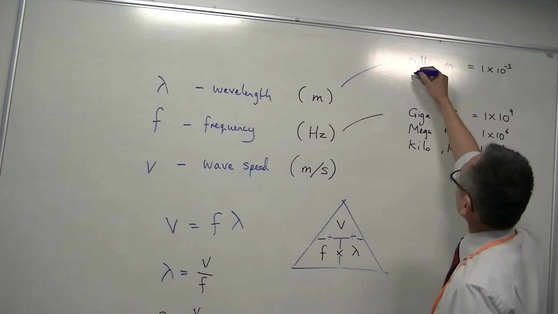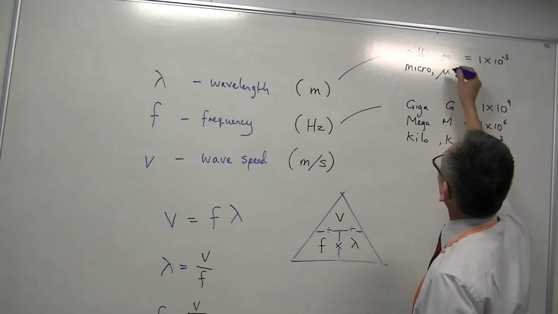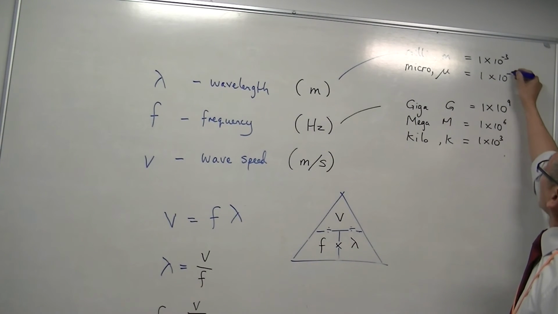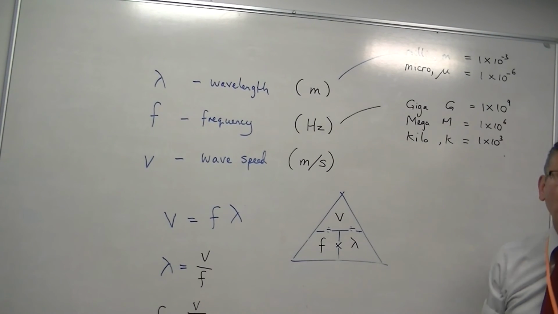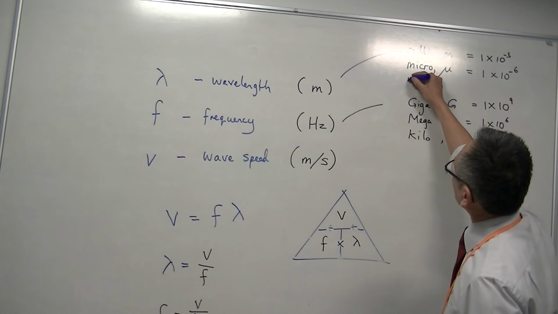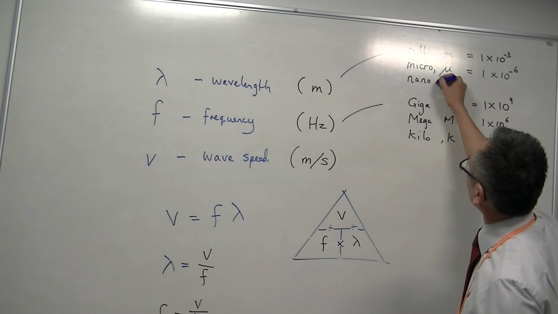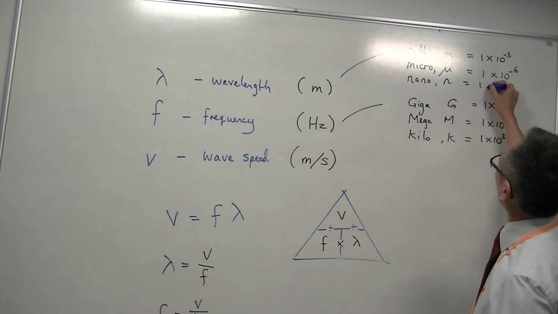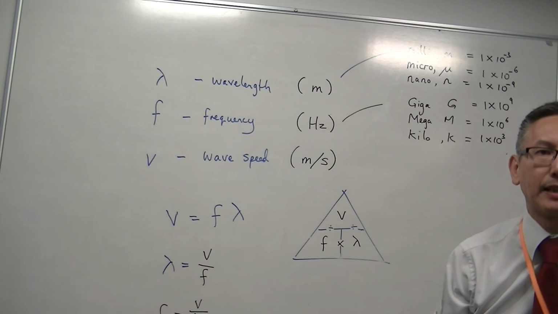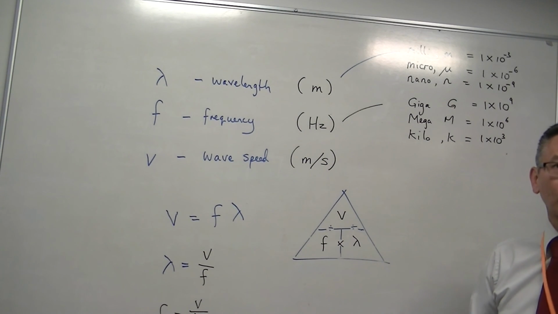You might get micro. Micro is that symbol, but it means 1 times 10 to the minus 6, or 1 millionth of a meter. Okay, and in the case of visible light and beyond, we have this one called nano, little n, and that is 1 billionth, or otherwise 1 times 10 to the minus 9. Okay, so that really concludes our talk on electromagnetic waves.